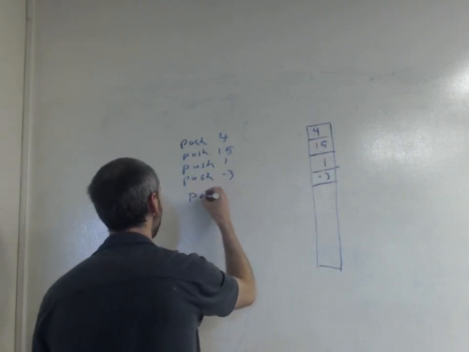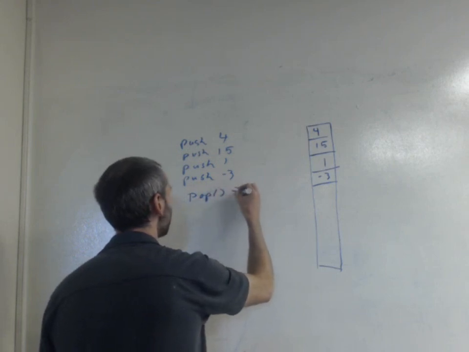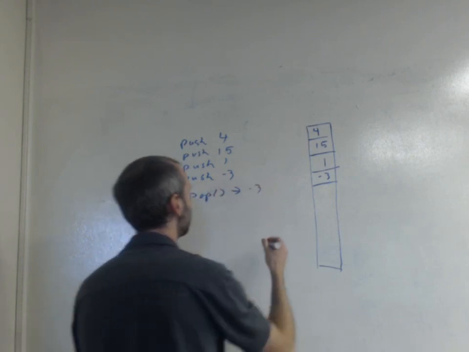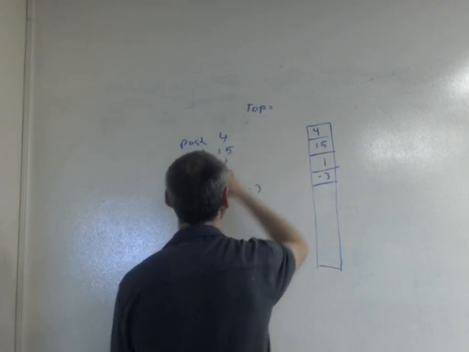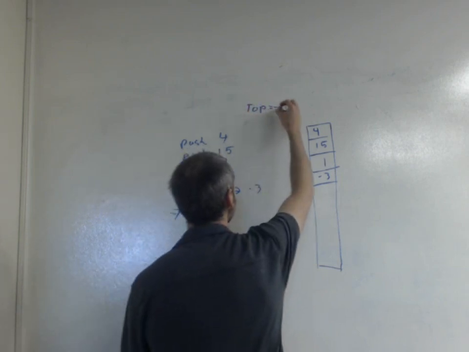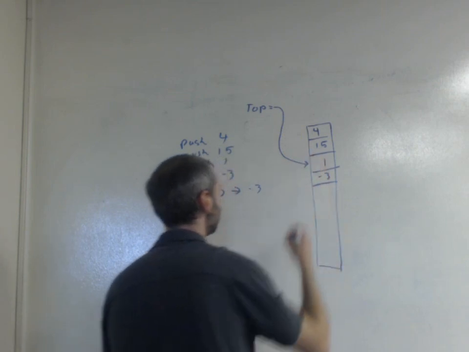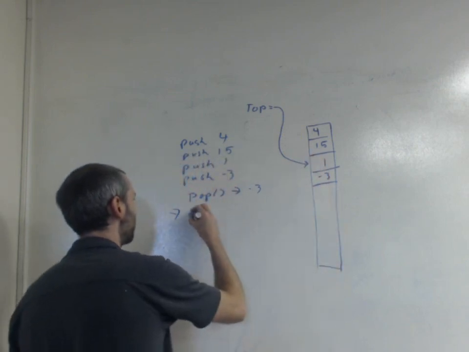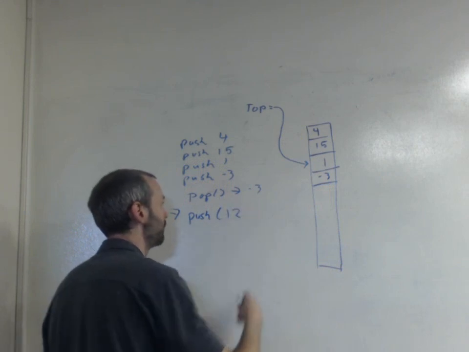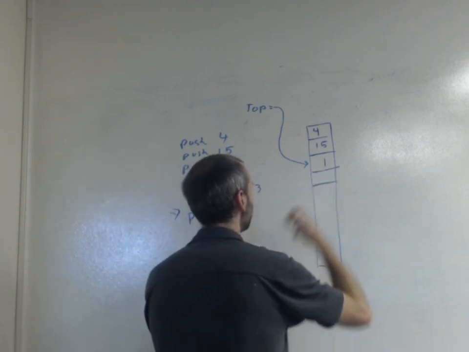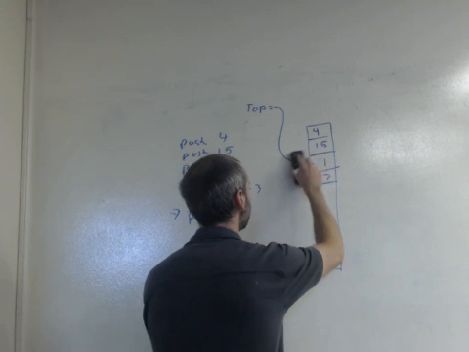All right. Then we're going to call pop, and that's going to return -3. And then top right here will then point to this guy. All right, give me another number. Push 12. Put a 12 right here.